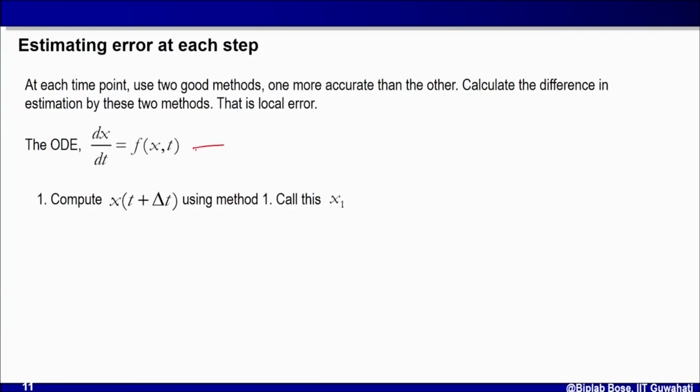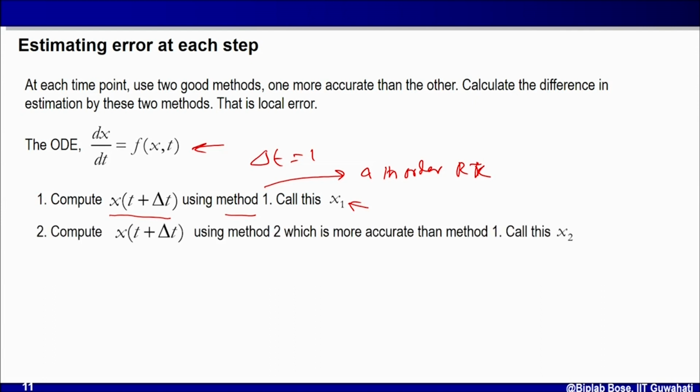So what I am doing, I have an ODE given to me. I take a delta t time, suppose that is equal to 1, and then I compute value of x at t plus delta t using method 1. So that may be fourth order Runge-Kutta method. And I call that result x1.